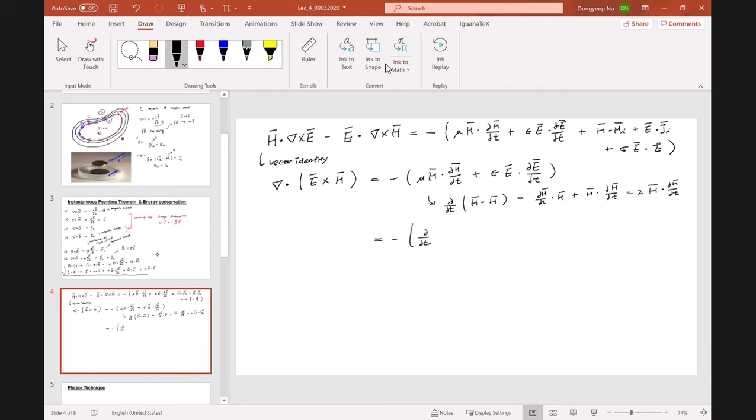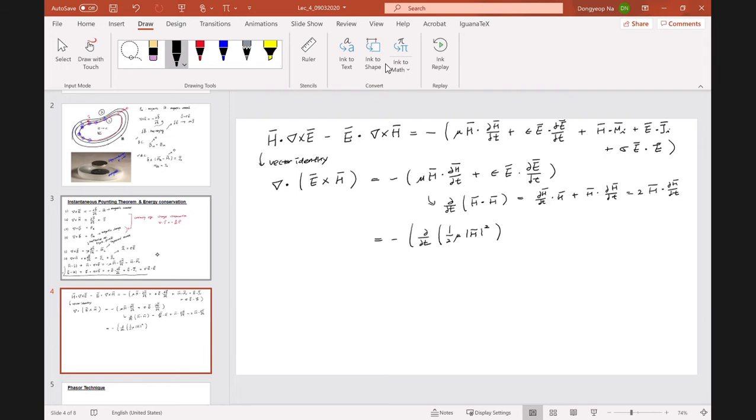So it's the time derivative of 1/2 mu H inner product H. We also know that the inner product of the same vector field is just the square of the amplitude of this vector.